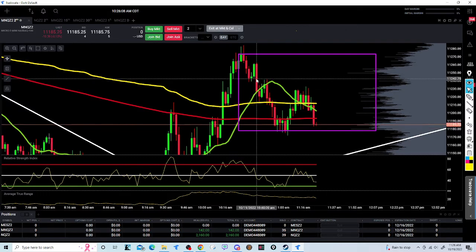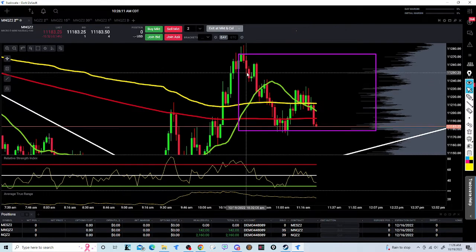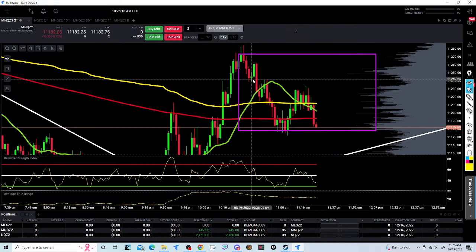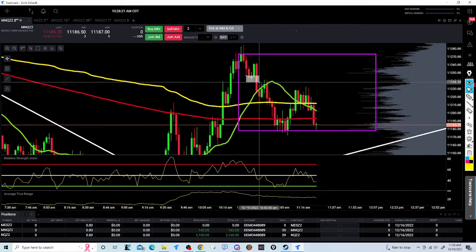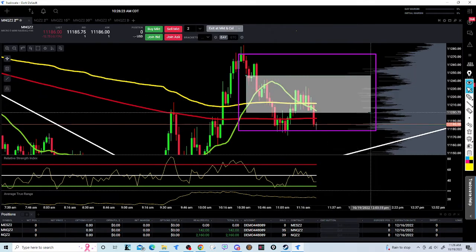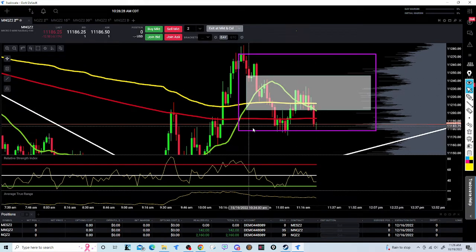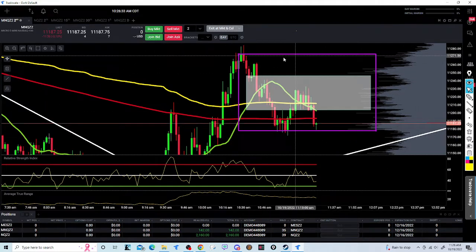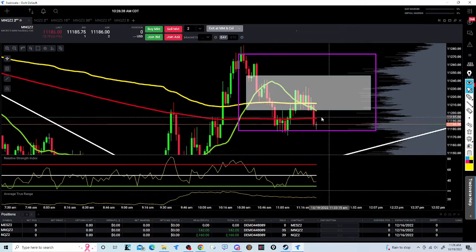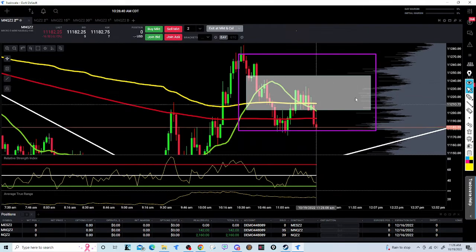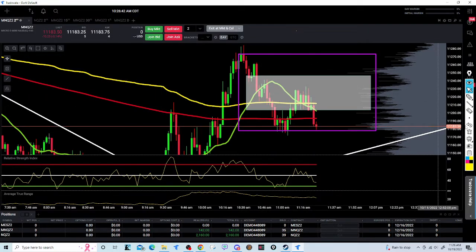There's really no right or wrong way to make this no trade zone. What you're doing is looking for that middle area of the overall zone where you don't want to take any trades. You'll get chopped up and chewed out when you trade in that no trade zone.